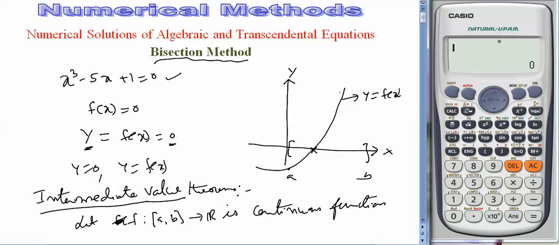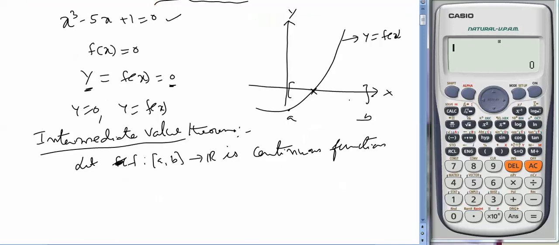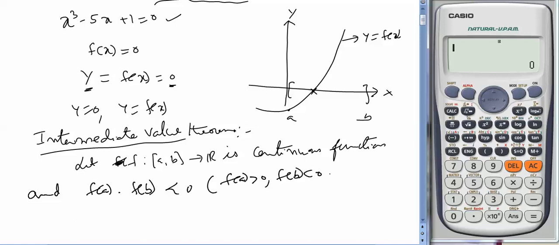If you observe, there is no break here. And at a particular point f(a) and f(b), if the product is less than 0, that is, if f(a) is positive, f(b) must be negative, or if f(a) is negative, f(b) is positive.